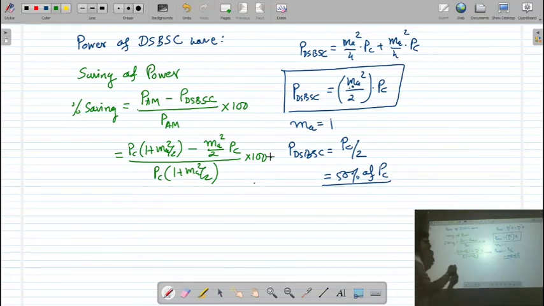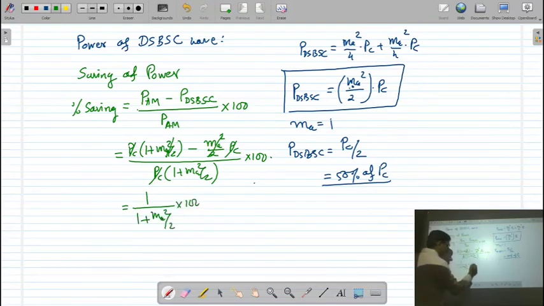And if you open the bracket, you will find that first of all Pc will be cancelled, then ma square by 2 is going to be cancelled, so we have 1 upon 1 plus ma square by 2 multiplied by 100. And if we calculate for 100% modulation, then the saving of power will come out to be 1 upon 1 plus 1 by 2, and that is equal to 2 by 3.